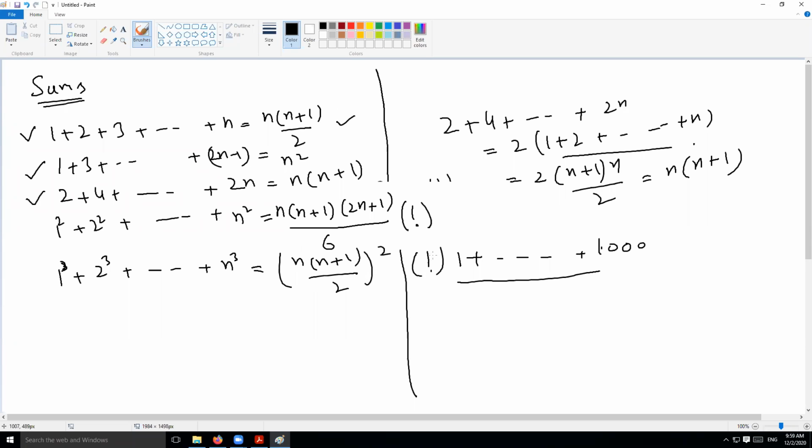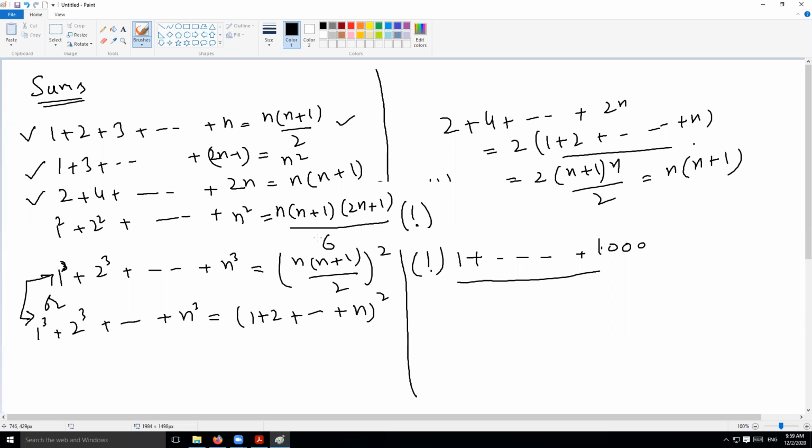So 1 cube plus 2 cube plus so on and so forth plus n cube is equal to 1 plus 2 plus so on and so forth plus n, entire square. Both identities are saying the same thing. So verify this also by the principle of induction.